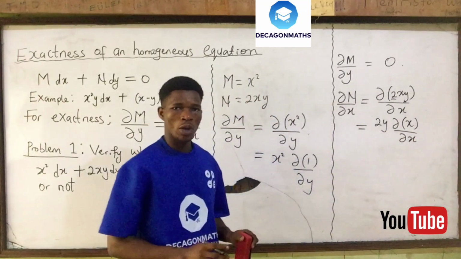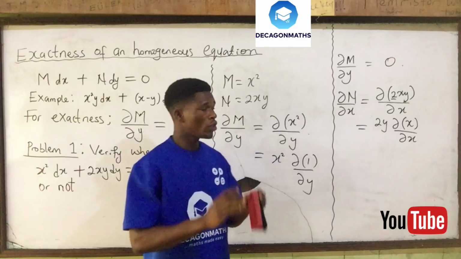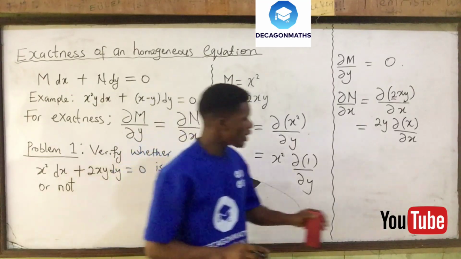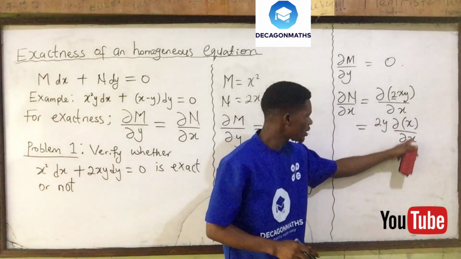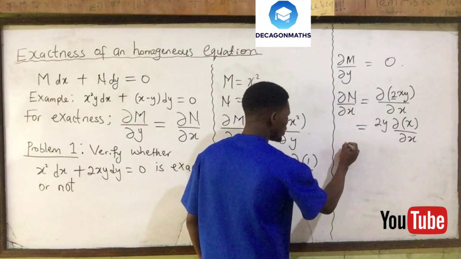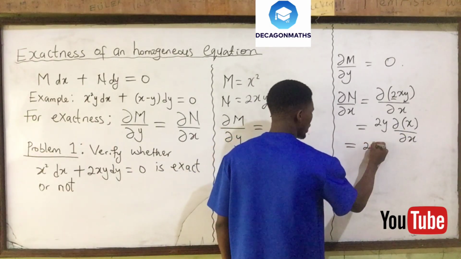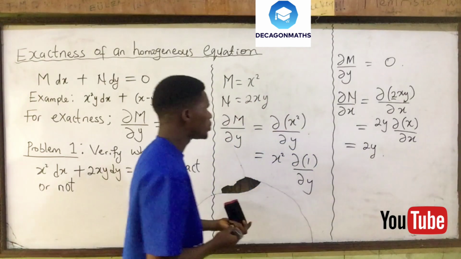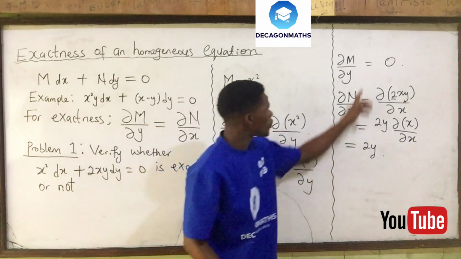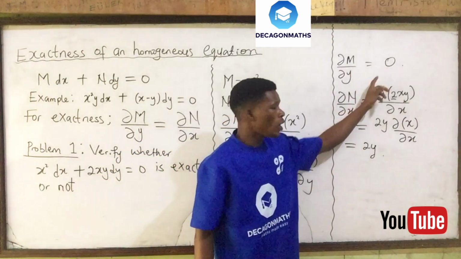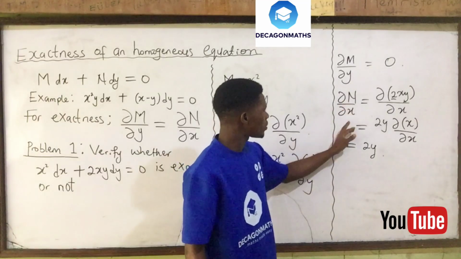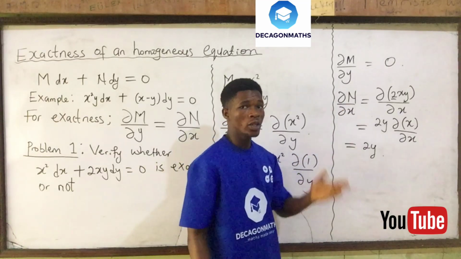So there's no confusion now. We have taken away everything that would give us confusion. It's very clear that we are just differentiating x, and when we differentiate x, we get 1. So 2y times 1 is 2y. That means the partial derivative of M with respect to y is 0, while the partial derivative of N with respect to x is 2y. Are they equal?